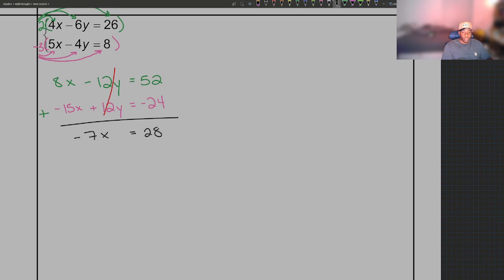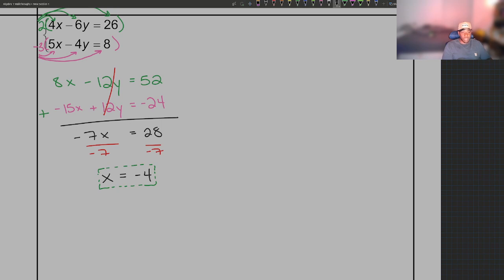So we get -7x equals 28. We just finish off by dividing both sides by that -7. And that's going to get us x is equal to -4. Just like before, we're going to take that value for x and plug that in for x in whichever equation we want to.